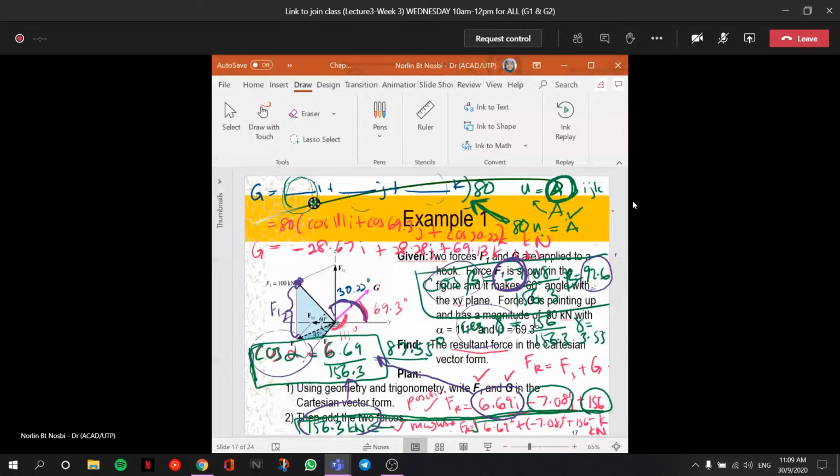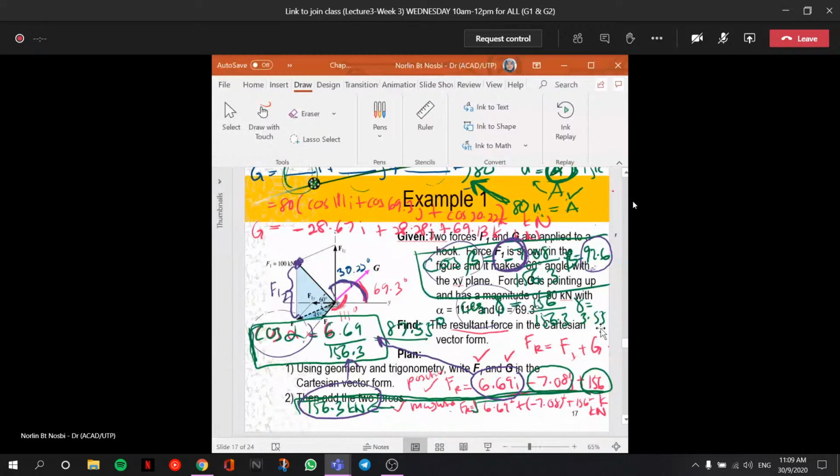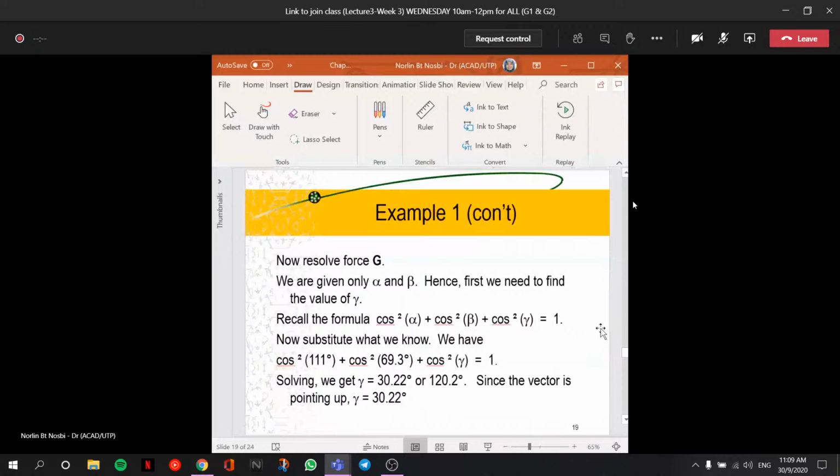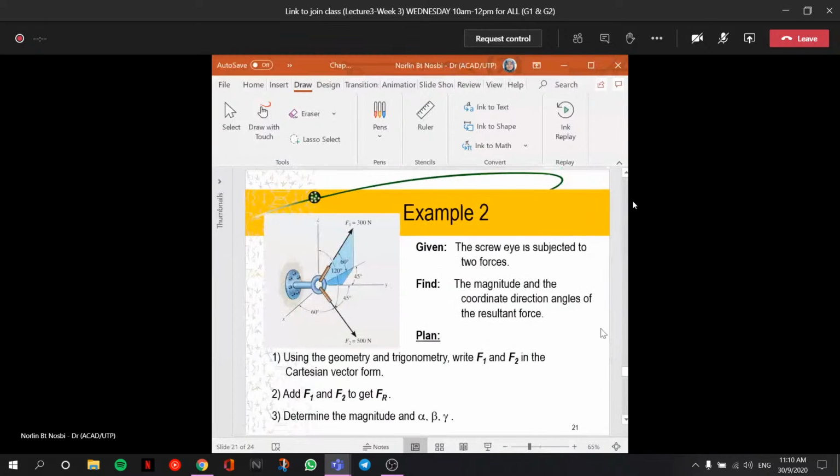Okay, if you can see here, the screw eye is subjected to two forces, F1 and F2. So you need to find the magnitude and the coordinate direction angle of the resultant force. So actually at the end, you need to find the resultant force. You need to find the coordinate, you need to find the magnitude, same like the one that I showed you before.